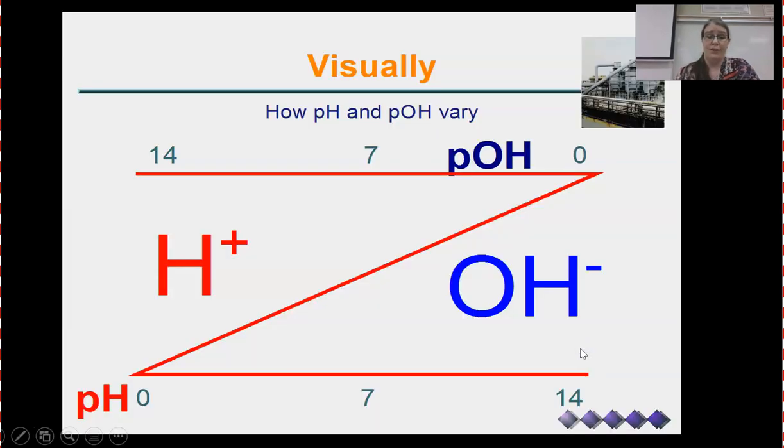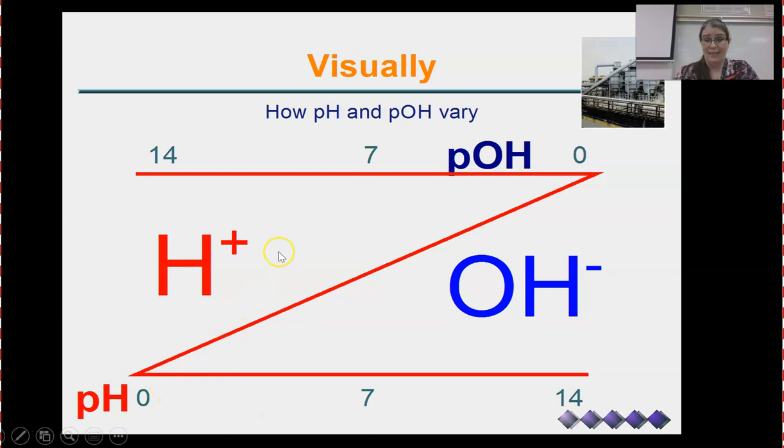So here's just a little visual. I like this Z diagram for relating the concentrations of H+ and OH- and the pH and the pOH. If you look at this diagram, you can see here where I have a very large H+ concentration, my pH is very small because it is a negative log. So things which are acidic and have lots of H+ have very low pHs.